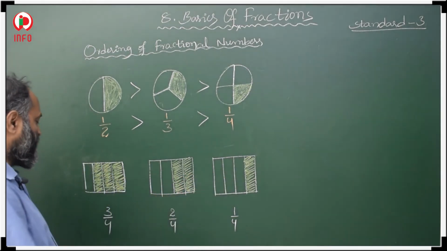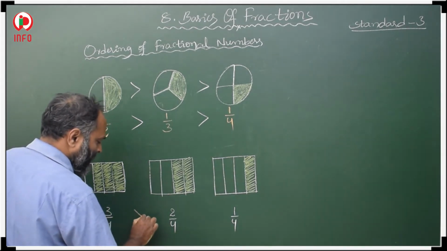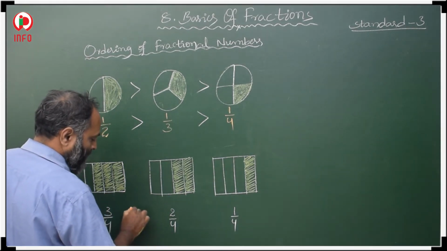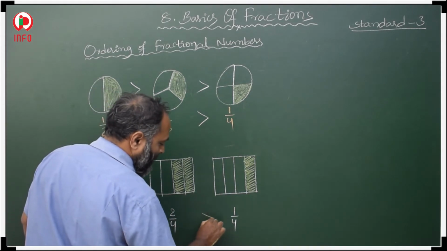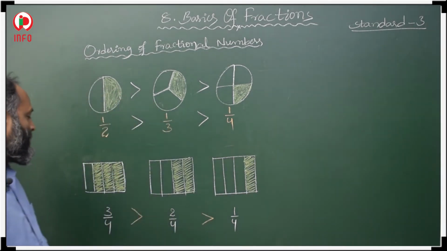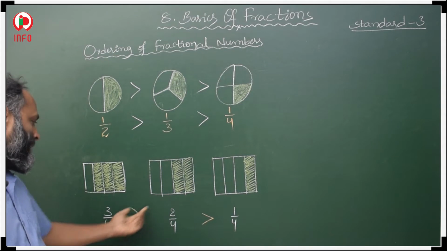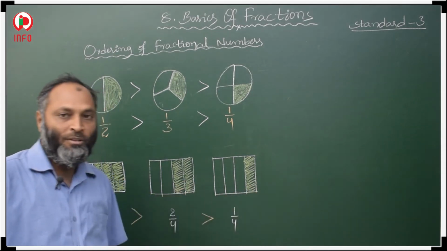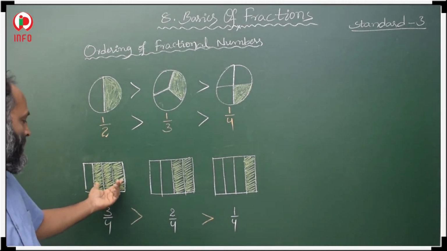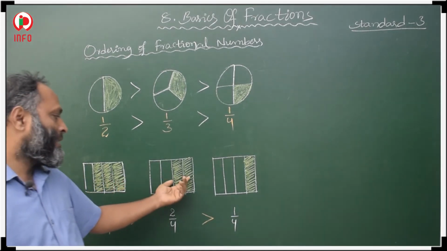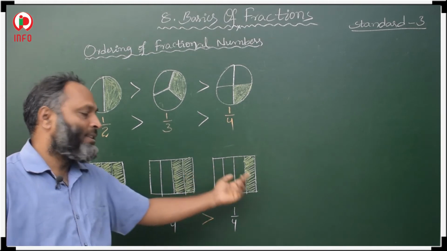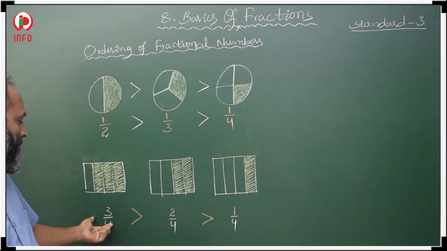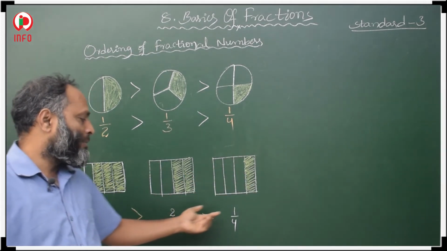It means 3 by 4 is greater than 2 by 4 and 2 by 4 is greater than 1 by 4. By seeing only we can say that this shaded portion is bigger than this, and this value is bigger than this.